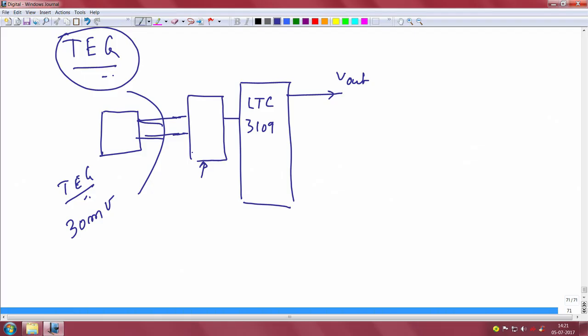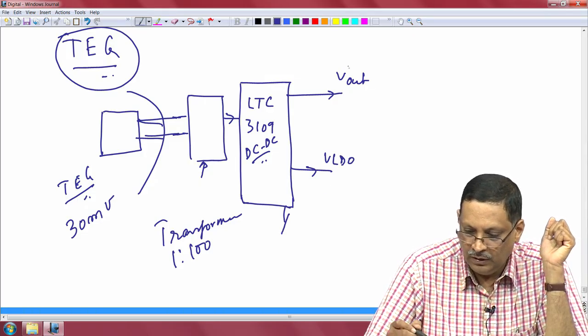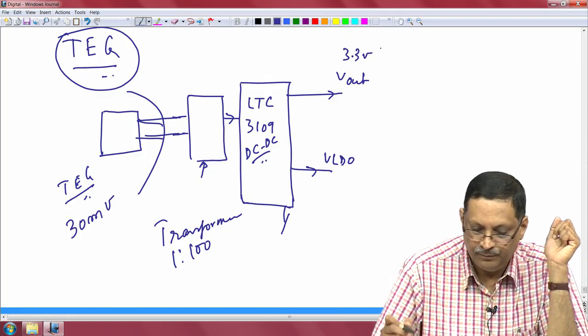We feed this input to a transformer, which is typically 1:100, and magnify the voltage, feed it to this LTC, which is basically a DC-DC converter, and that in turn gives you an output. So, you could get 3.3 from this.